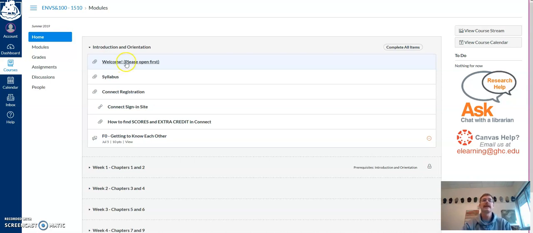You're going to need to go through each one of these items in the introduction and orientation before you can get to week one. Besides the syllabus, we're going to be encouraging you, or you're going to need, to register for what is called Connect. There are some links here on Connect.